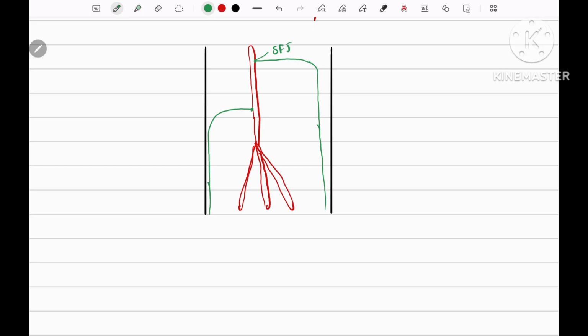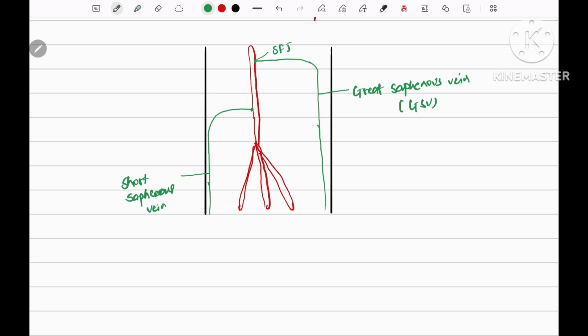That is not necessary. Only what we have to know is that this great saphenous vein joins the femoral vein at the saphenofemoral junction, and the short saphenous vein joins the popliteal vein.